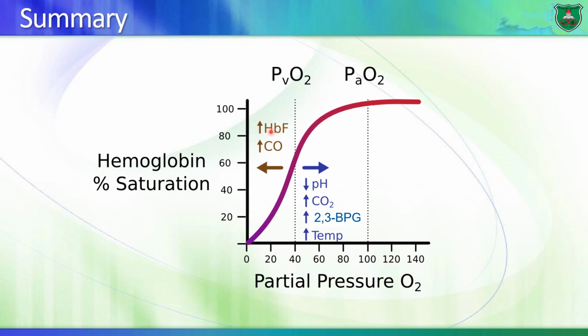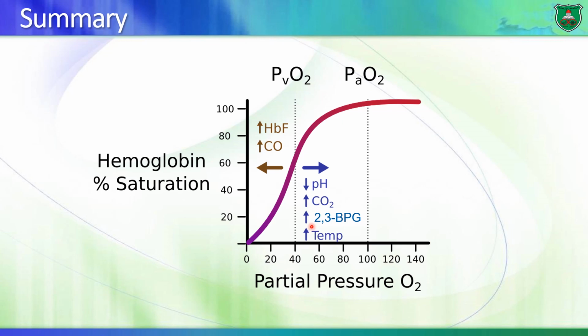Fetal hemoglobin, we talked about it, has higher affinity as a result of this amino acid change from histidine to serine. Carbon monoxide also increases affinity, but it's fatal because not only does it occupy oxygen binding sites, it also prevents the release of oxygen in tissues.